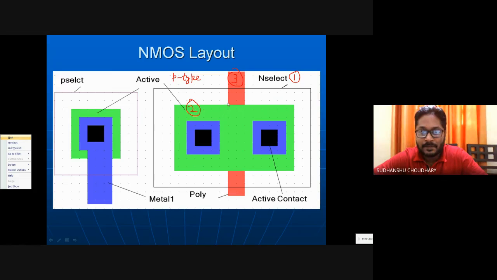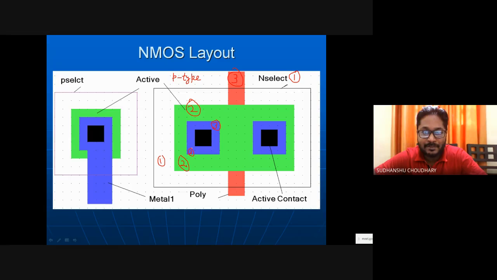So for a symmetrical MOSFET, you will always pass the poly line or gate line through the center of this green or active region. Then you want to connect the active region to the N select region, so you again make a box of the blue line, which is metal. This is the third step, metal. You want to connect the metal, the green layer and the N select, all three layers. It is a layered process: the first layer is this one, the second layer is this one, and the third layer is the blue line, or metal.